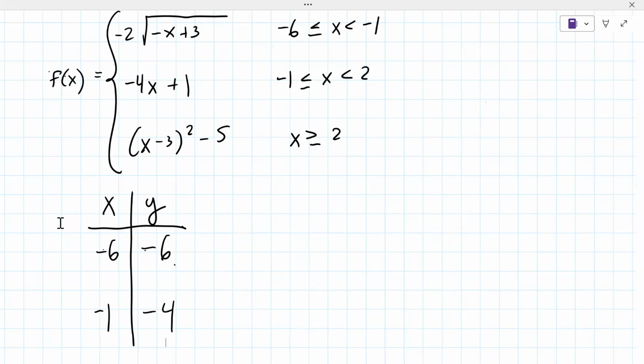Okay, that would be good. For -6 and -6, that's going to be a closed circle, and for -1 and -4, that's going to be an open circle. Great, very good.